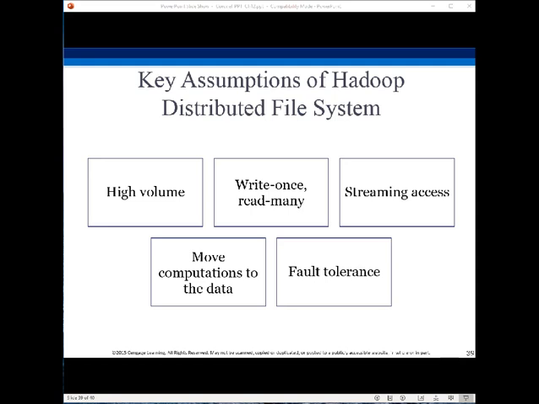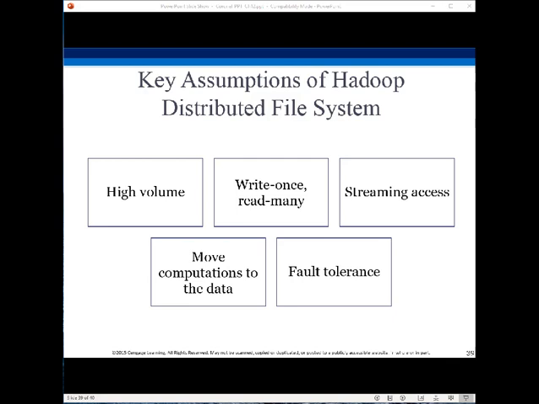So a distributed file system stores data across a large collection of machines, but it provides a single file system view. A highly scalable distributed file system for large data-intensive applications may have 10,000 different nodes, 100 million files, and 10 petabytes of data.